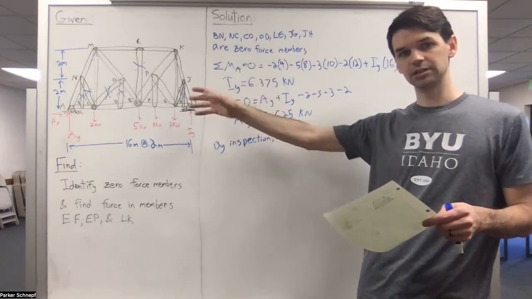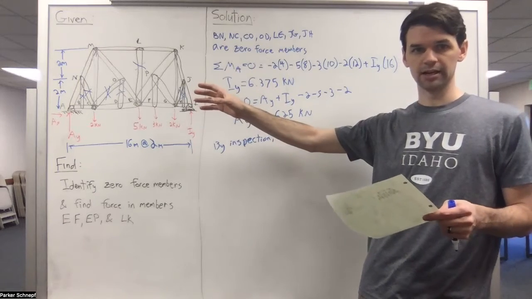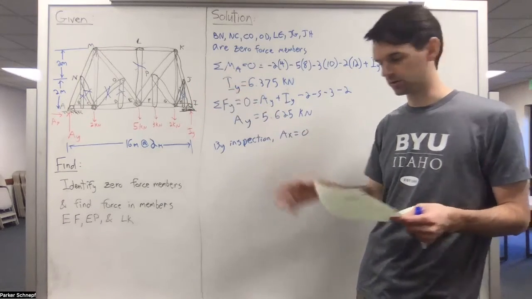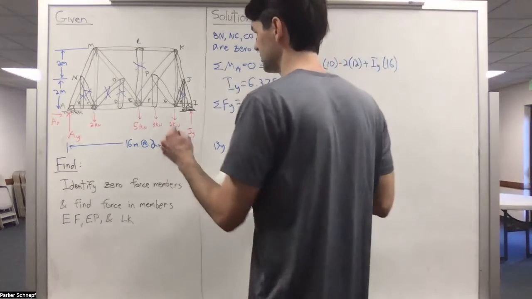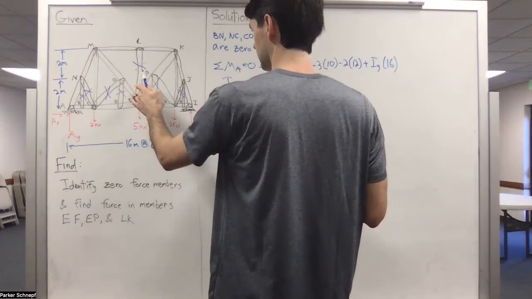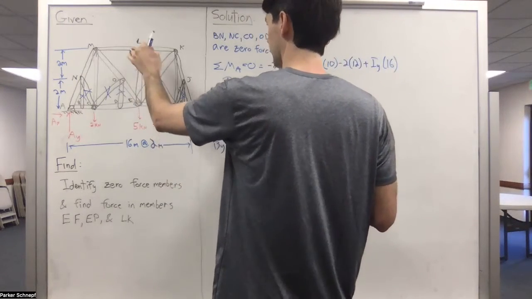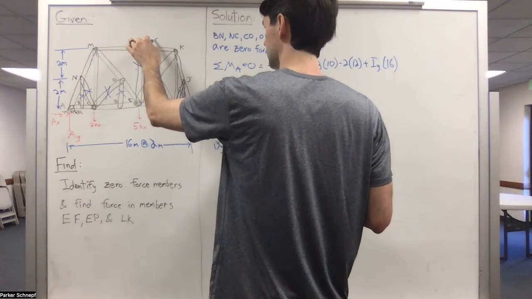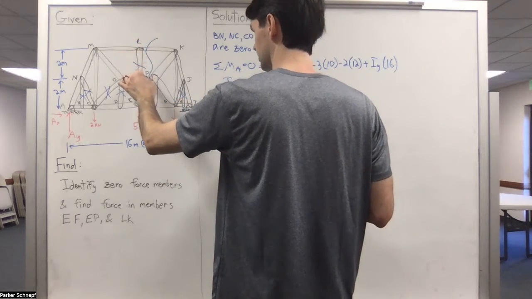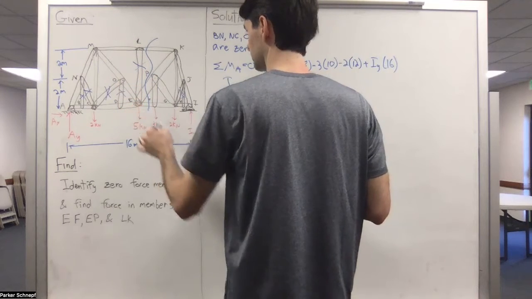Every section of our system must be in equilibrium. So the way this works, I am interested in solving EF, EP, and LK. I'm going to make a cut that goes through those three.